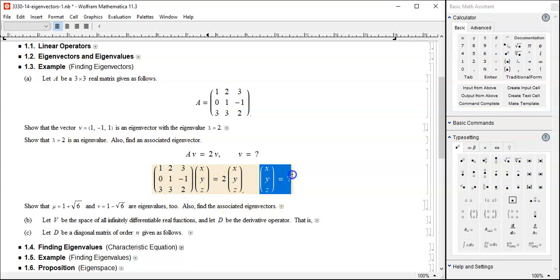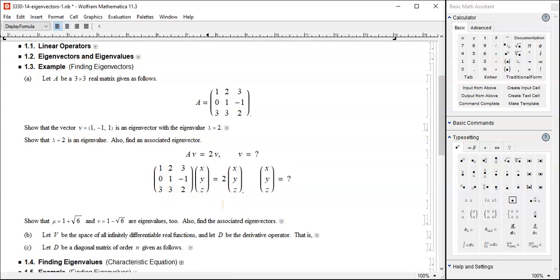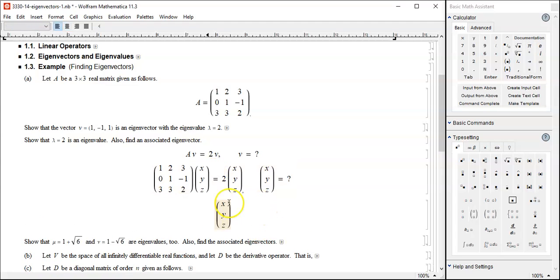And then we have to find out the solution for the second. All right, how do I do that? Well, let's do the computation. The left-hand side becomes like this. So 1, 2, 3 times x, y, z.